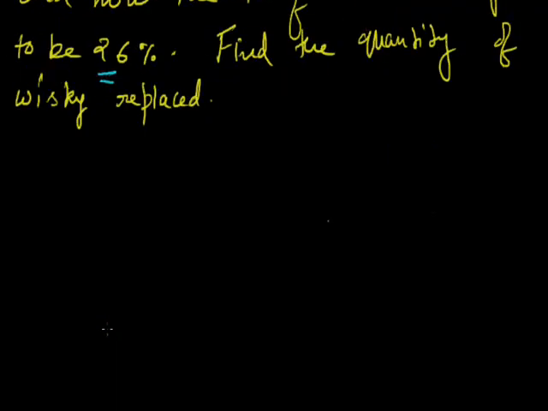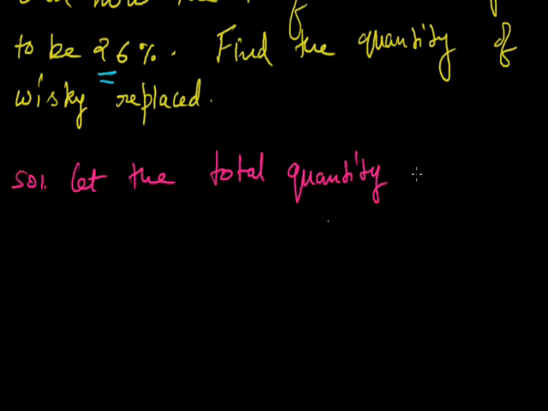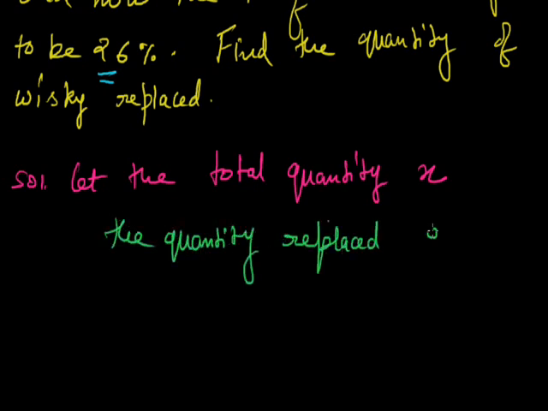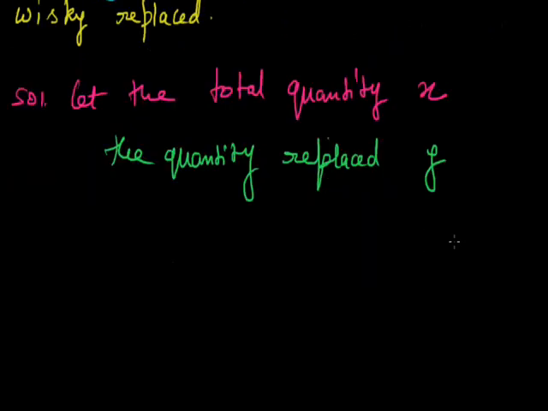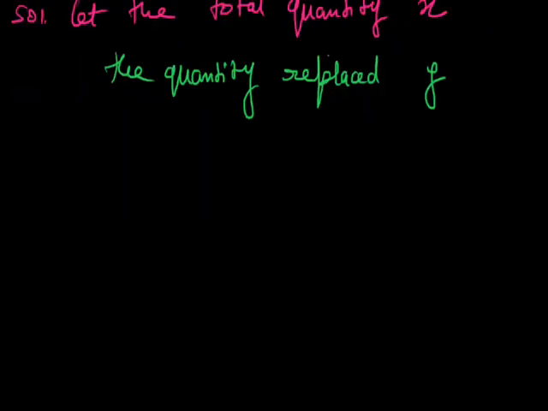Now let us assume that the total quantity is x, since we don't know what is the total quantity of the solution, and the quantity which is replaced, let it be y.